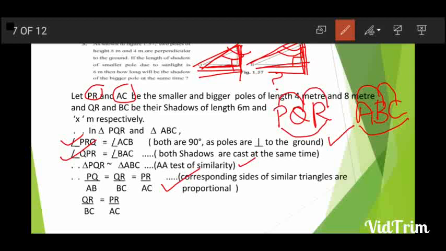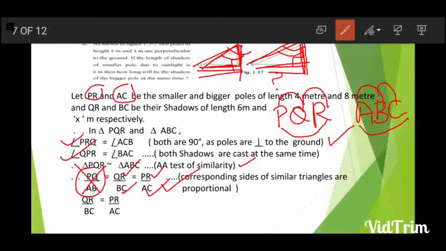Now here there are three pairs we have written, but see, they have given information about PR, they have given information about QR, they have given information about AC, and BC is asked. So this ratio we don't need, so I am leaving that ratio.